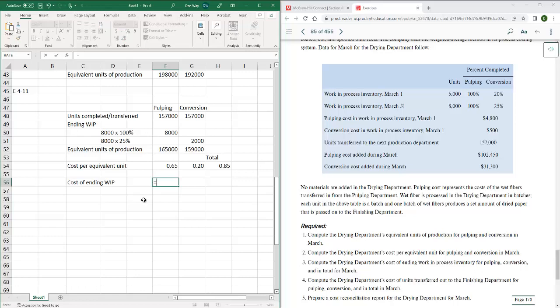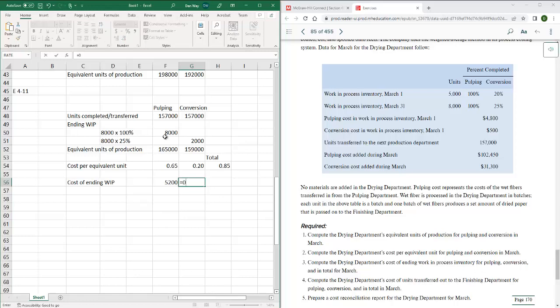We want to take that cost per equivalent unit with respect to pulping, 65 cents, times the equivalent units in ending work in process with respect to pulping. Okay, so 65-cent cost per times the equivalent units in ending work in process of 8,000, and there's our cost in ending work in process with respect to pulping.